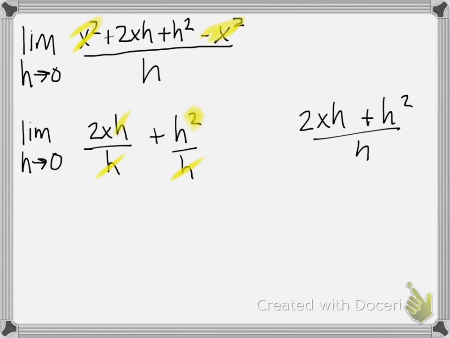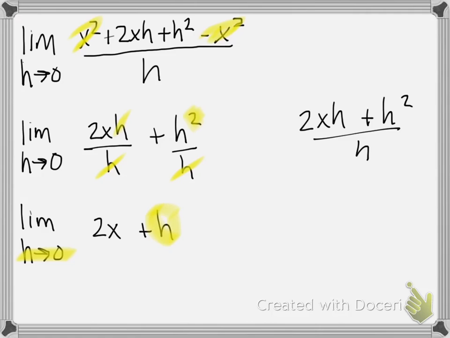So then we would just be left with the limit as h goes to 0 of 2x plus h. So since this one is saying as h goes to 0, we technically just treat that like a 0.